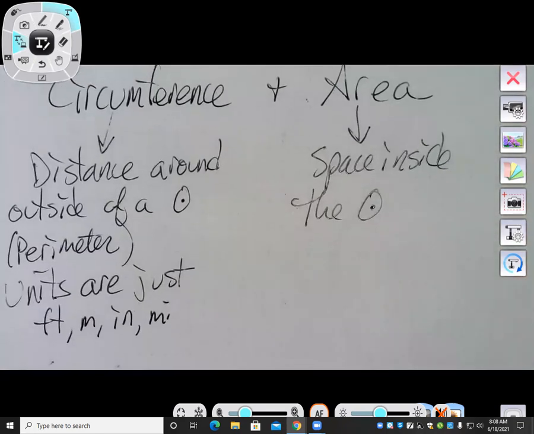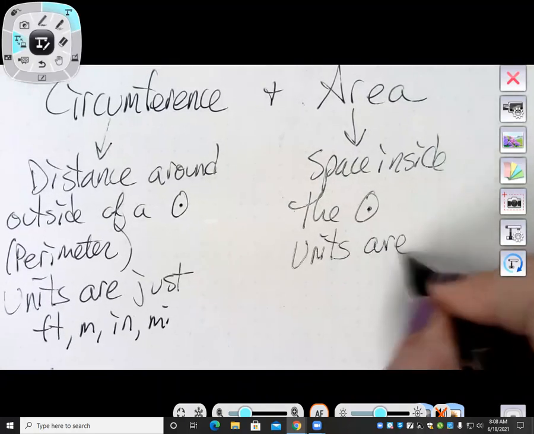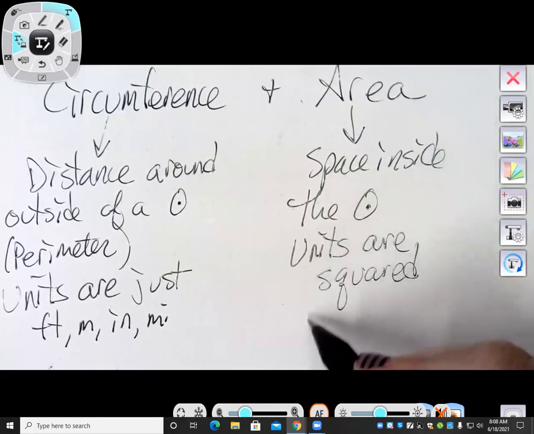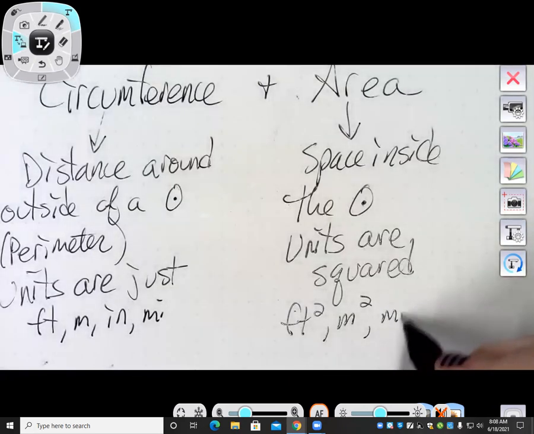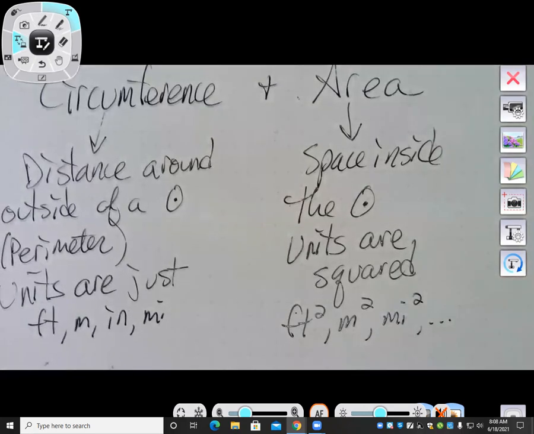And this, yeah, now your units do change. Units are squared. So this is where we're going to start saying square feet, square meters, or meters squared. Doesn't matter, you can say it either way. Square miles, etc.